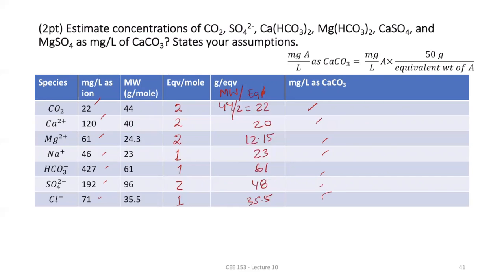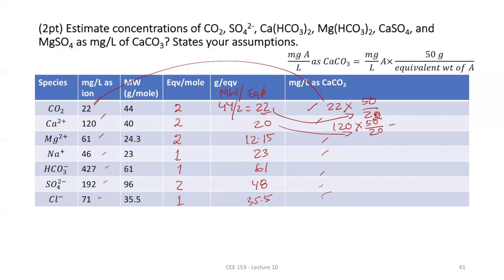Now you want to calculate what this concentration is as calcium carbonate. Again, the way to do it is you take 22 times 50 divided by this number. So that's here. This one will be 120, that's the concentration, and the equivalent weight of calcium carbonate, which is 50, divided by the equivalent weight of calcium, that's 20 over here.